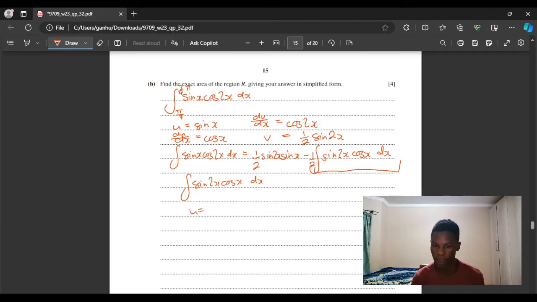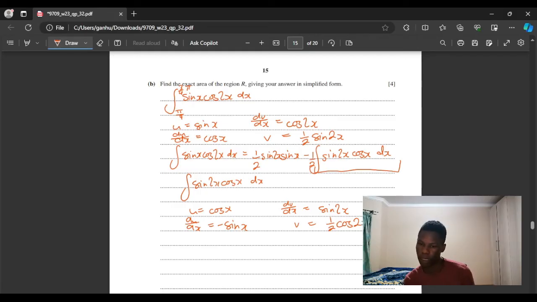So u in this case will make it cos x, and dv will be sine 2x. So du dx is equal to negative sine x, and v is equal to, that would give us half cos 2x, and it will be negative.